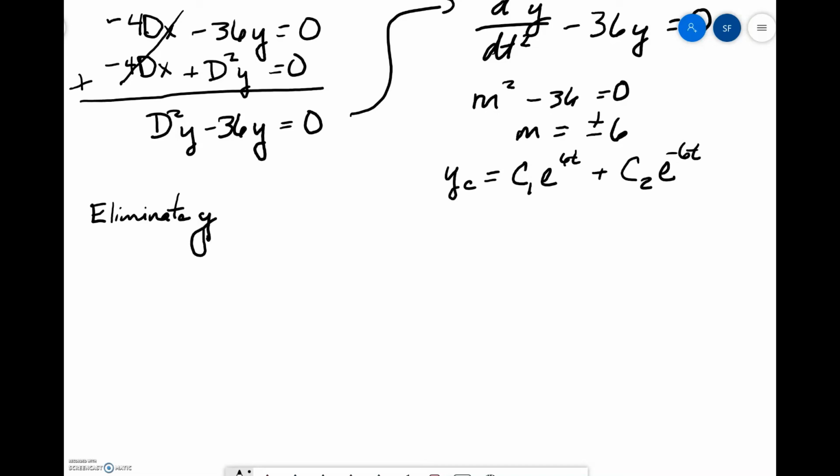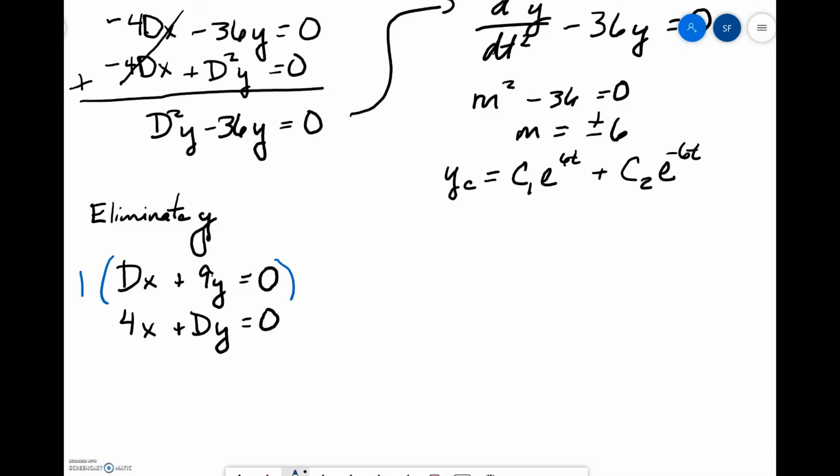Eliminate y. So again, let's remember my two equations are dx plus 9y equals 0 and 4x plus dy equals 0. If I now wanted to eliminate y, this one has to have a derivative times it, and this one has to get multiplied by negative 9.